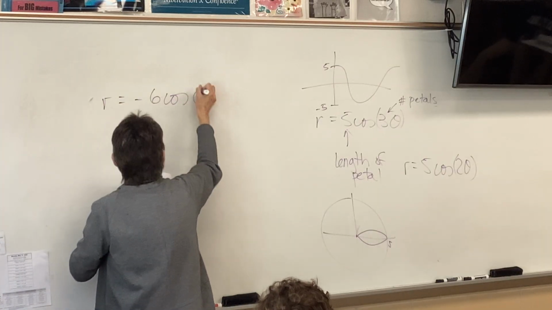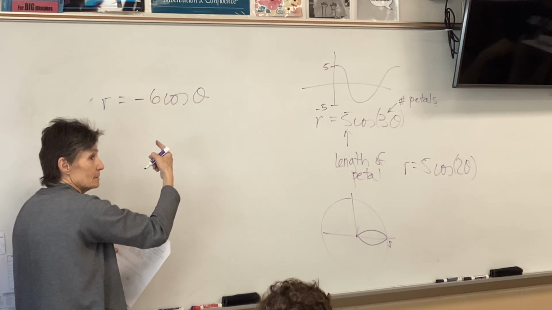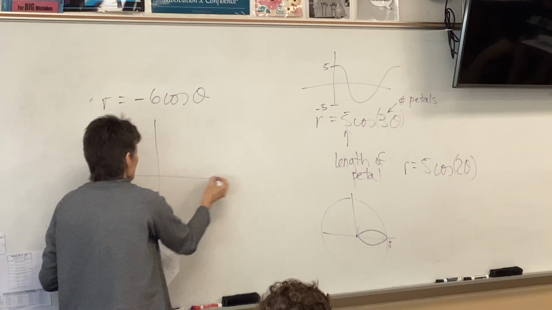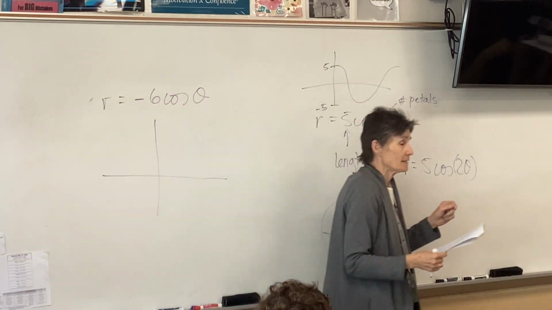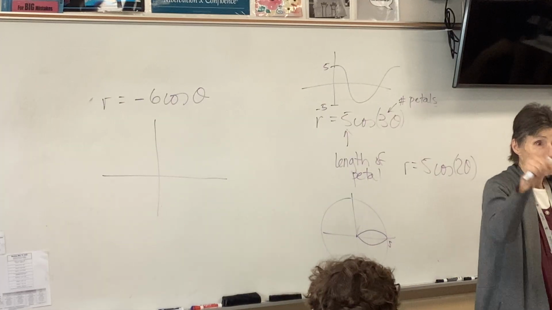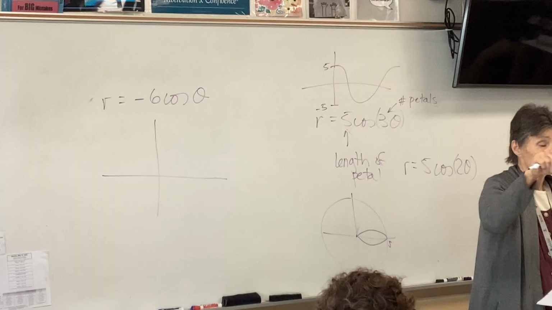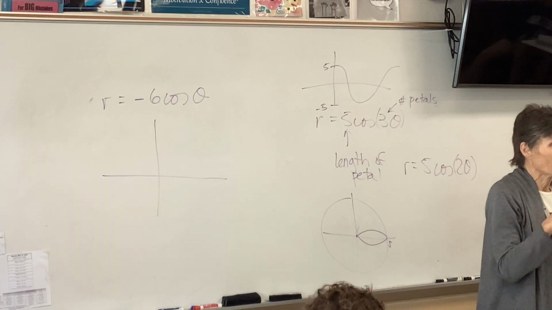Again, you're not going to have to do this on the exam, but you do have to know what that looks like. So look at your notes, look at what you did. What shape is this? Is this going to be a circle, one of the roses, one of the things with petals, or a limaçon, one of the things with a lima bean shape?